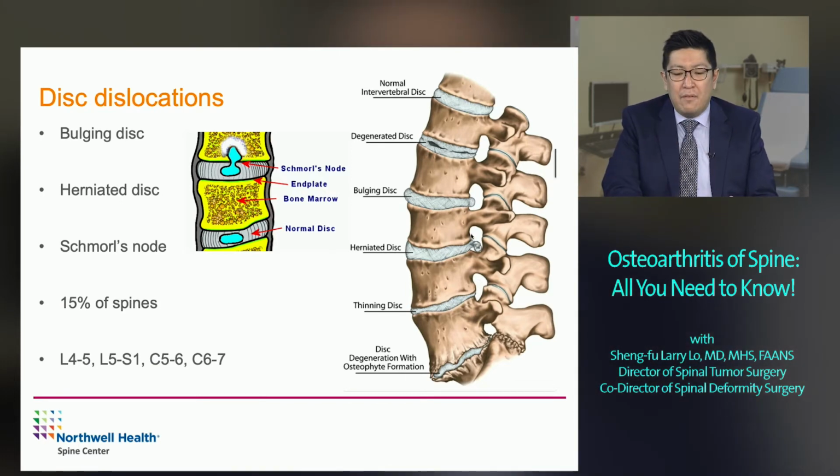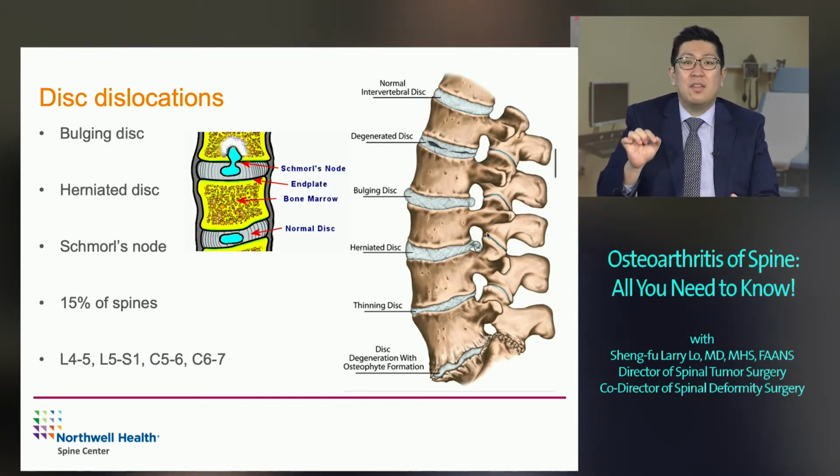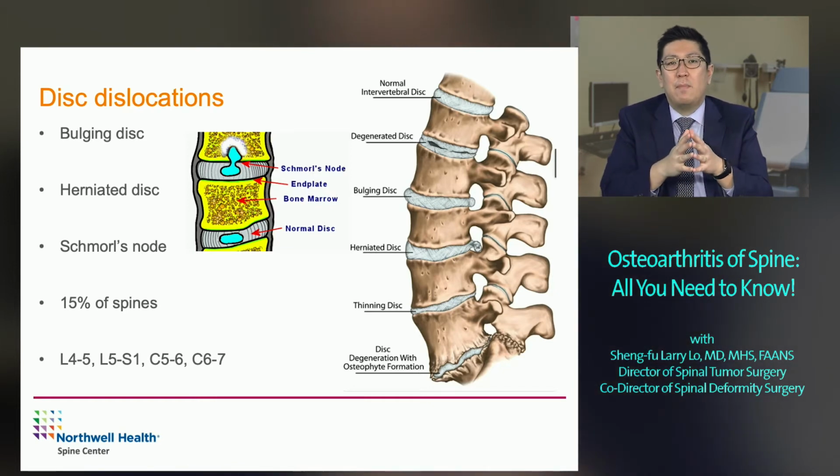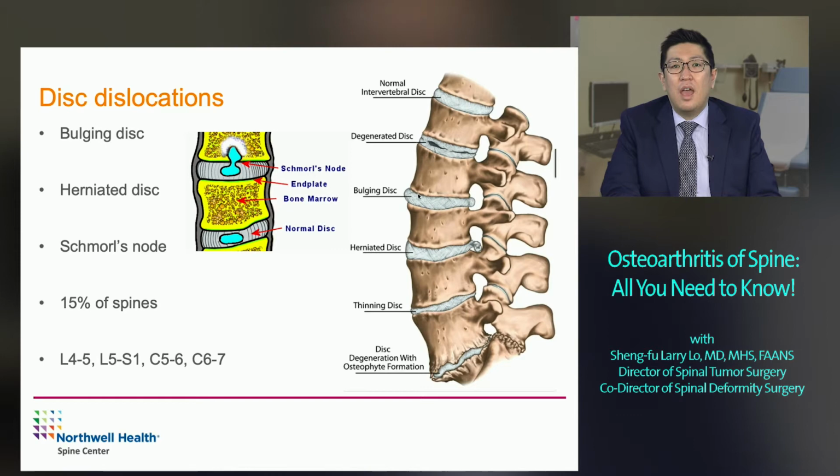You can then have a frank disc herniation, as I'm circling, where a small piece of the disc that's supposed to be contained within the disc space pops out into the spinal canal. The spinal canal is not the only area where the disc can herniate out. In this middle panel, you can have the disc pop out into the bone, and we call that a Schmorl's node, and it causes exquisite back pain for patients.